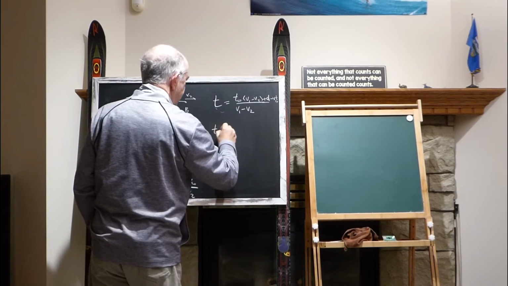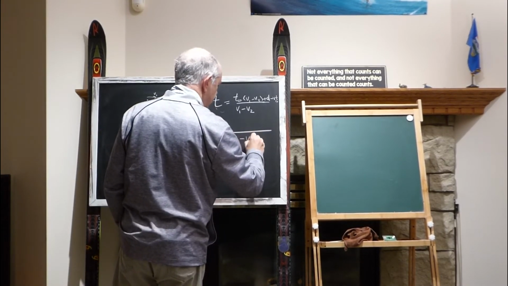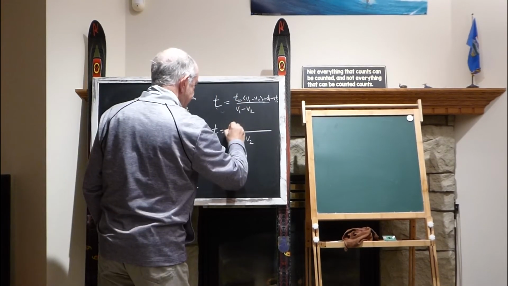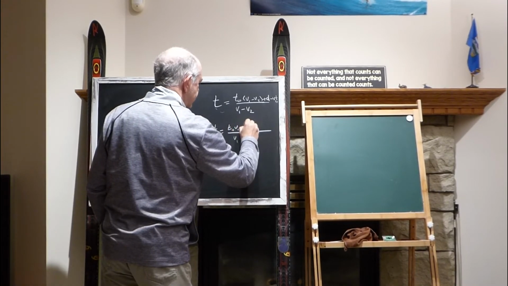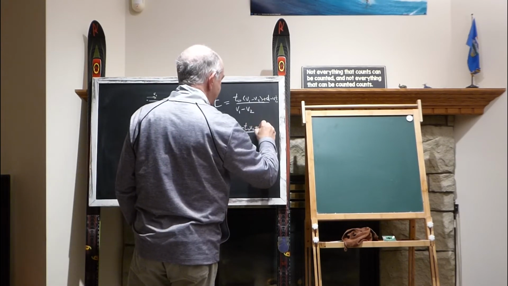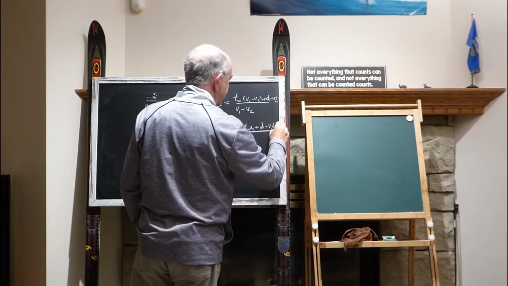So t equals, over v1 minus v2, and I open the brackets, it would be t0 v1 minus t0 v2 plus d minus v1 t0.